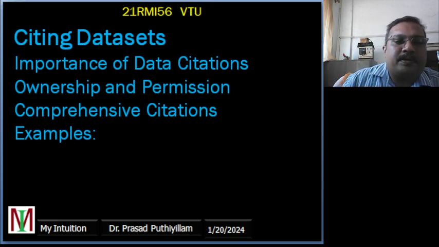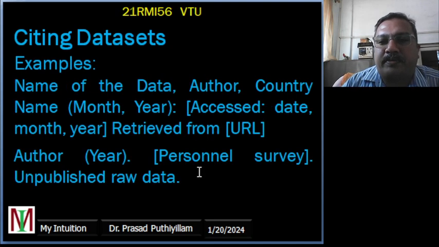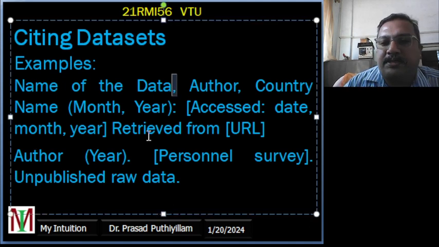Here is one example of a comprehensive citation that I took from the textbook. You should give the name of the data, what type of data it is, and who the author is, separated by inverted commas. Inverted commas carry importance there.